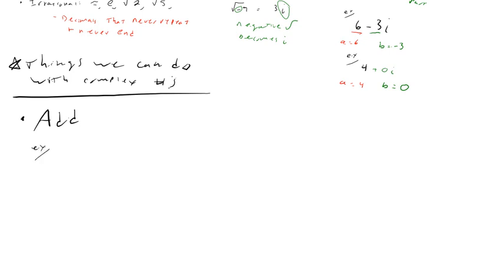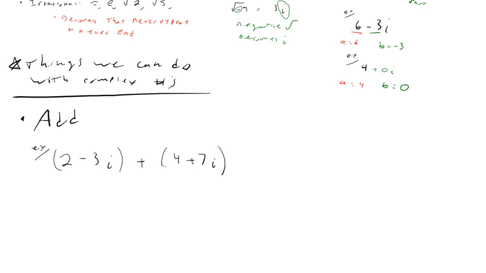For example, if I have 2 minus 3i, there's a complex number, 2 minus 3i. Plus 4 plus 7i. So there's two complex numbers. How do I fit these together? What do I do here?